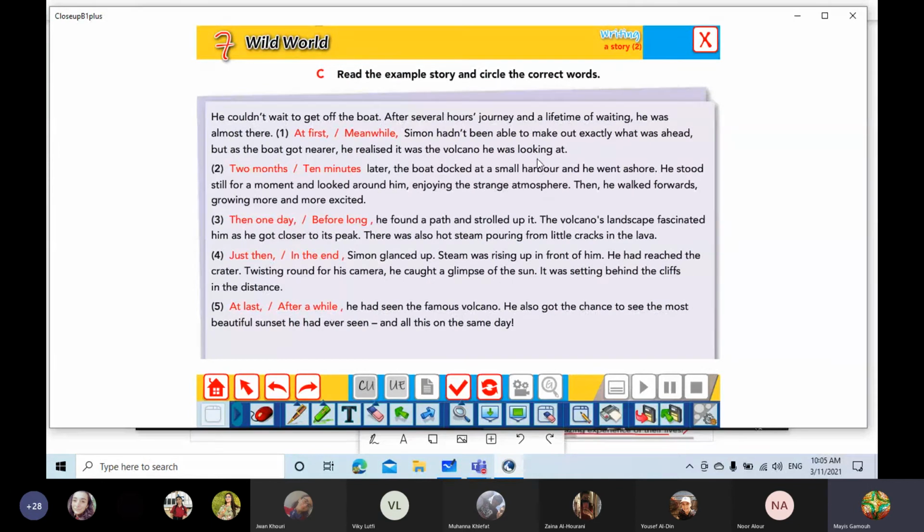What is the thing that he found fascinating? Let's go to paragraph number 3, the first sentence. The volcano's landscape fascinated him as he got closer to its peak. So what was the thing that was fascinating?